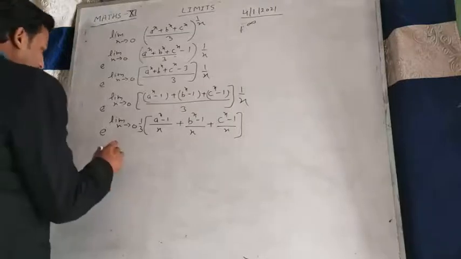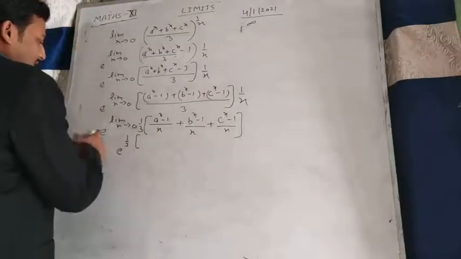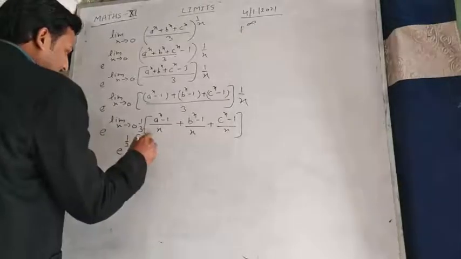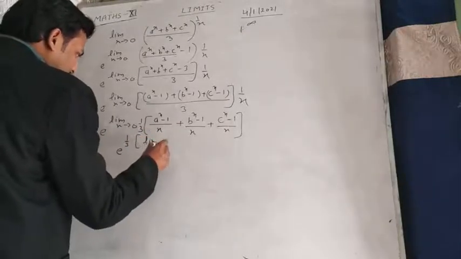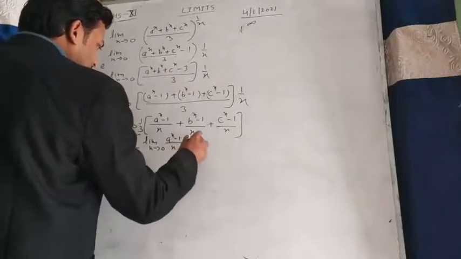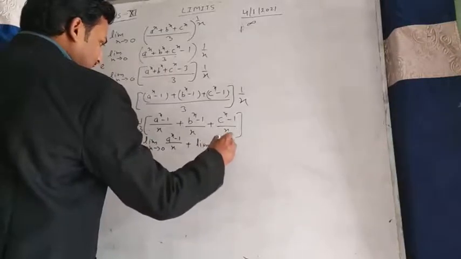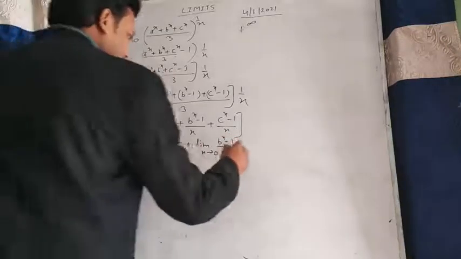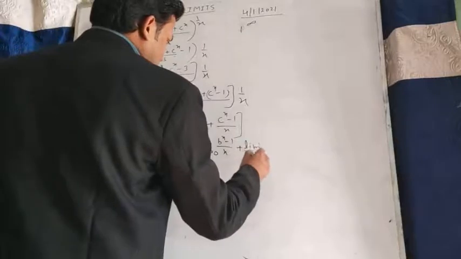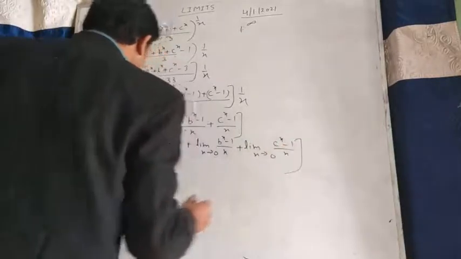Now students, e to the power 1 by 3, and we are sending the limit inside, we get limit x tends to 0 (a^x minus 1) by x, plus limit x tends to 0 (b^x minus 1) by x, plus limit x tends to 0 (c^x minus 1) by x.